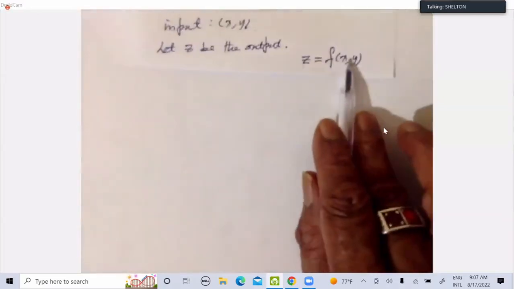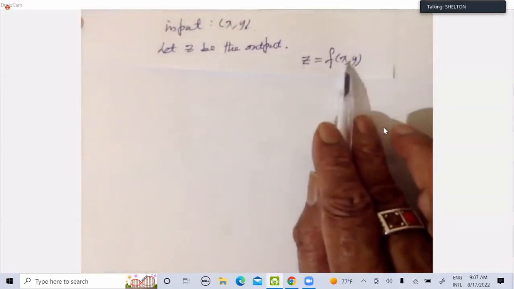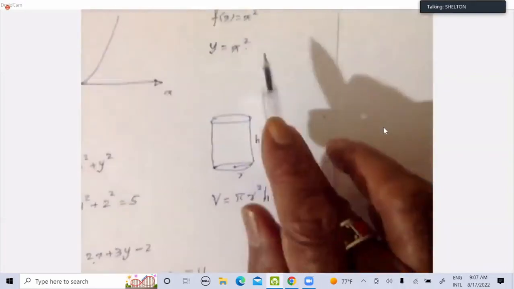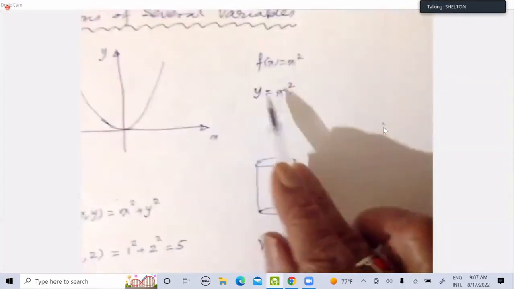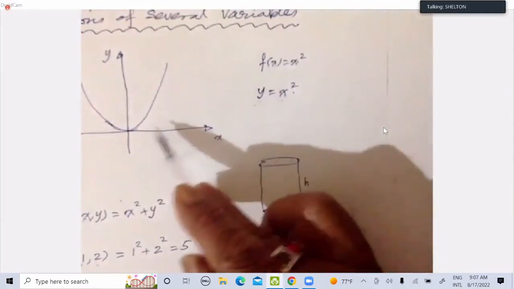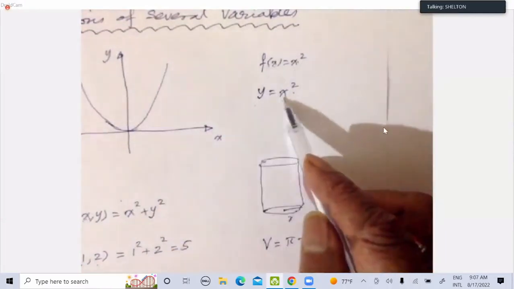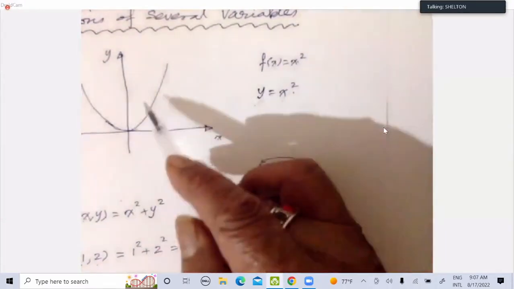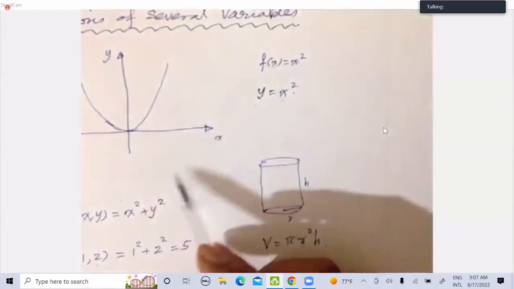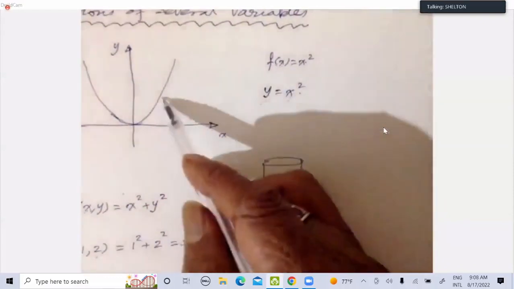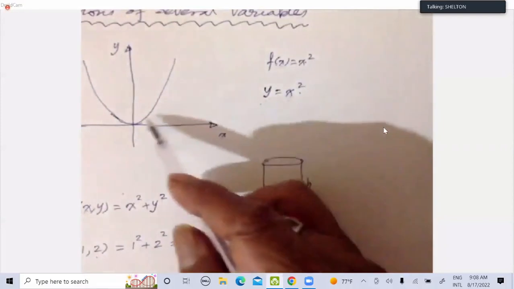Now, how do you visualize the graph of such a function? What do we mean by the graph of a function? Input output pairs. For a given x, you find y and plot the point x comma y. For all real numbers, there is a unique output, input comma output.